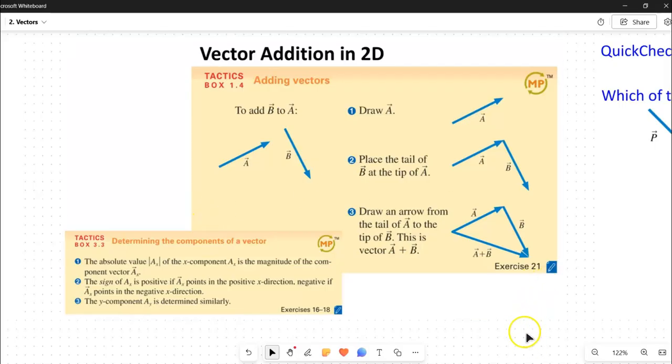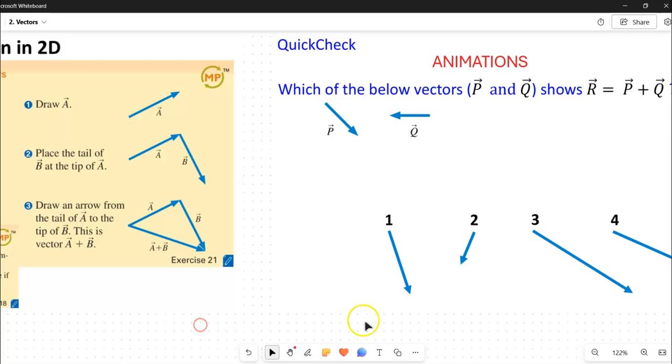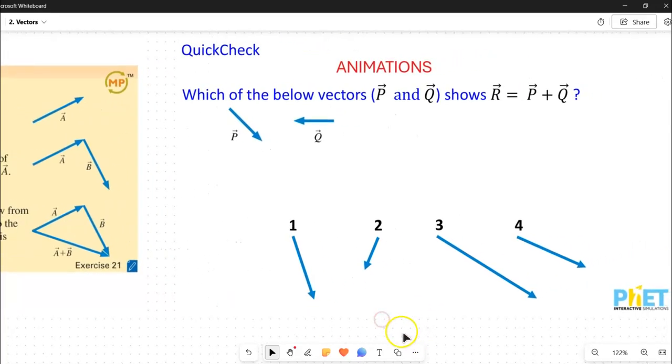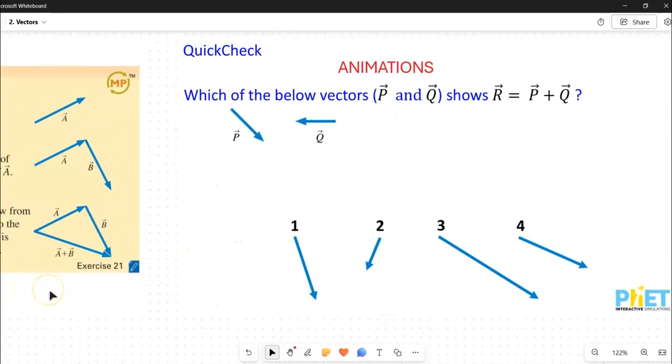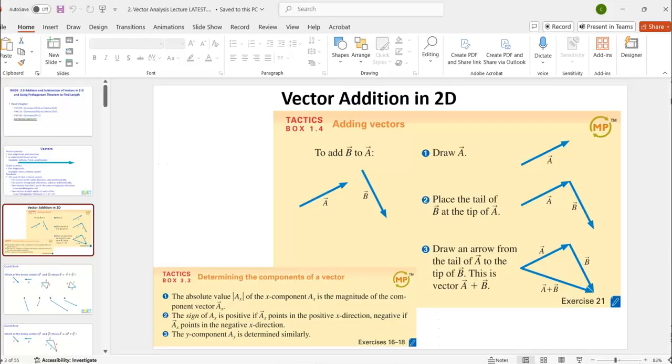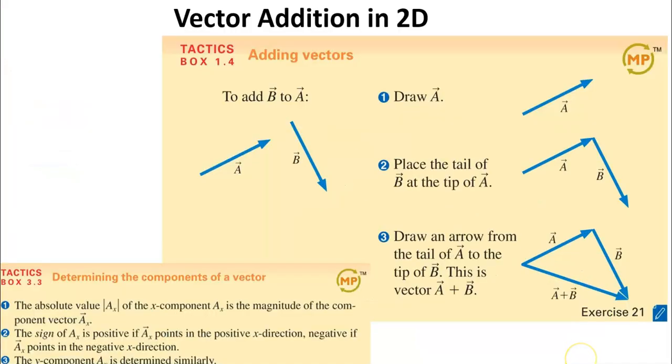All right, so let's try it out. Let's do a little run through and review vector addition in one dimension and two dimensions. I'm going to go over to my PowerPoint and turn it to presentation mode.